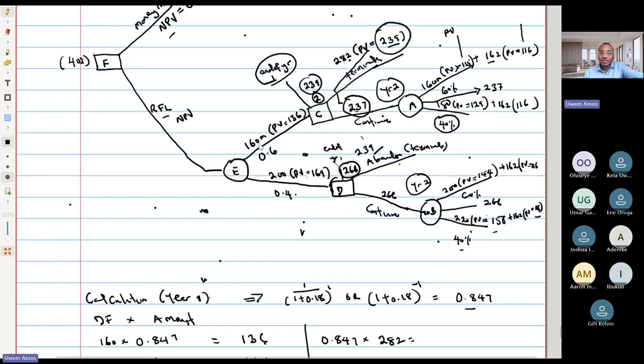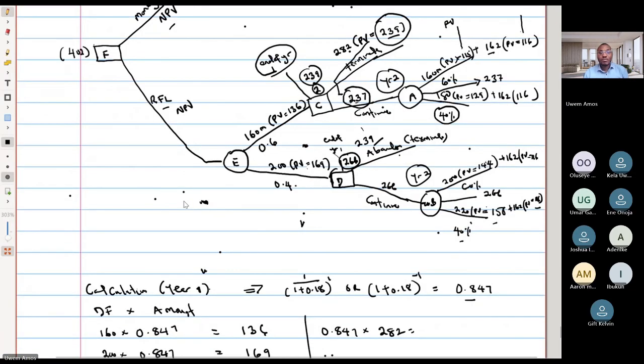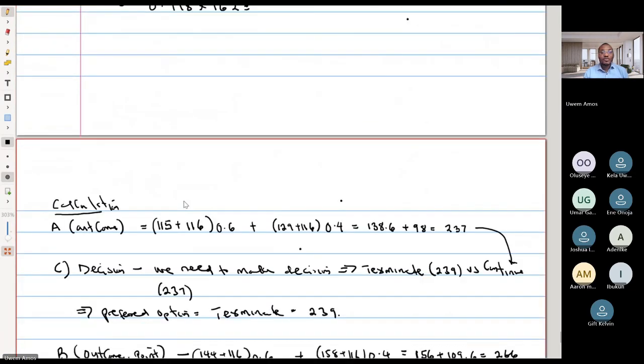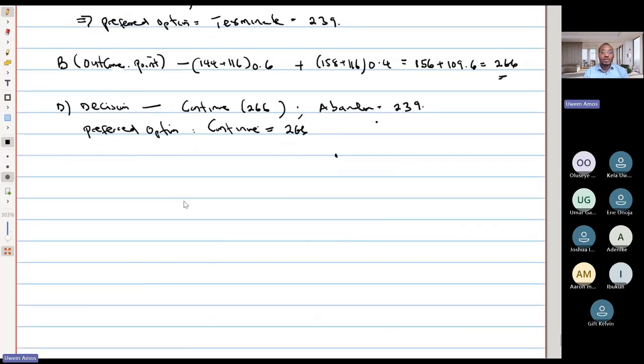So on this line, we have 136. We're using the present value. We have 136. And then we have 239, which is what we've solved up to this point. So 136 plus 239. So E would be our outcome point.